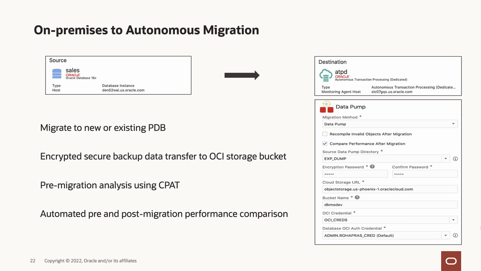While doing database export, Workbench takes care of backup encryption and transferring to the OCI storage bucket. As part of the migration planner phase, pre-migration analysis is carried out to discover potential problematic content, dependency analysis, and other factors that could prevent a successful migration. Finally, after migration, we can do automatic before and after migration performance analysis using SQL Performance Analyzer.